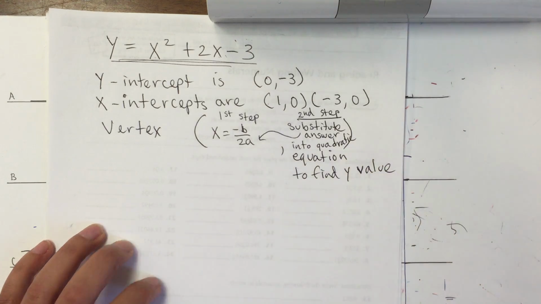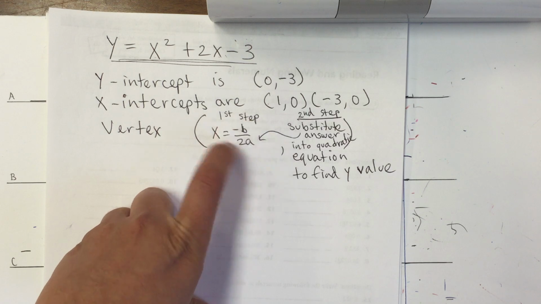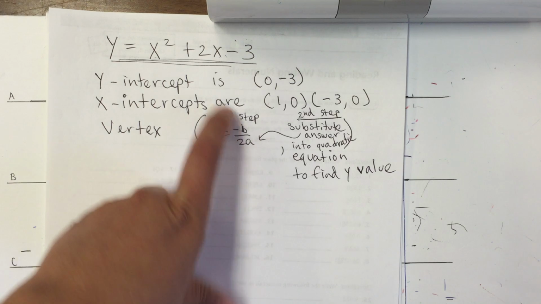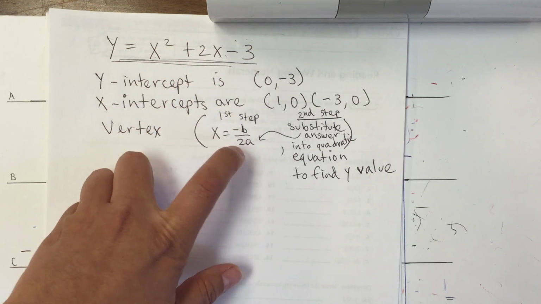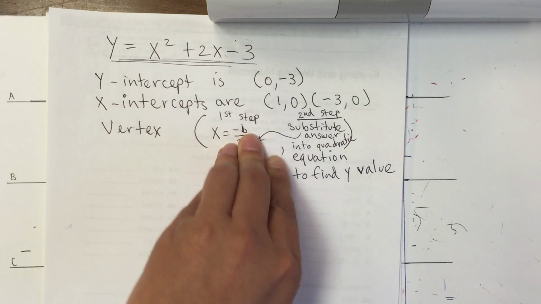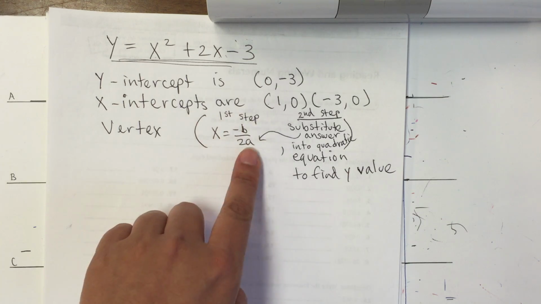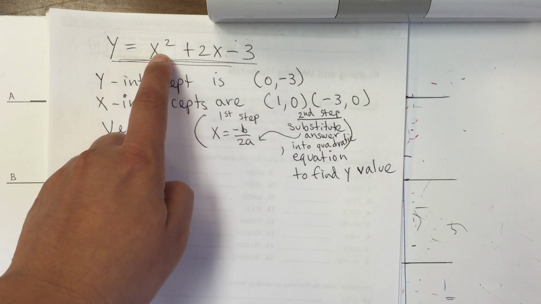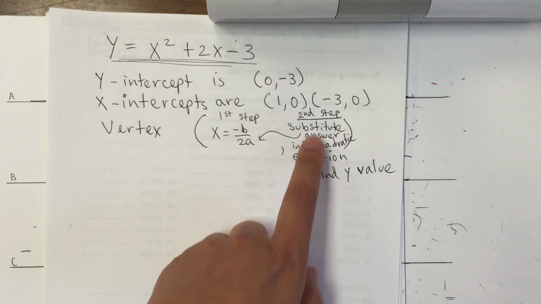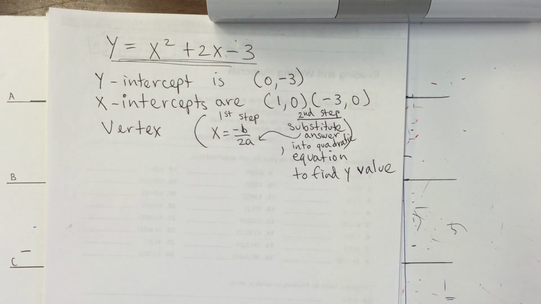Hope you can see that. Otherwise, I'm just going to repeat it. The first step is to find x by applying this formula, x equals -b/2 times a. That will give me a value for the x coordinate. Then that answer that I find, I will substitute in for x in here, and simplify or evaluate it to get the value of y. And that will give me my point for the vertex.